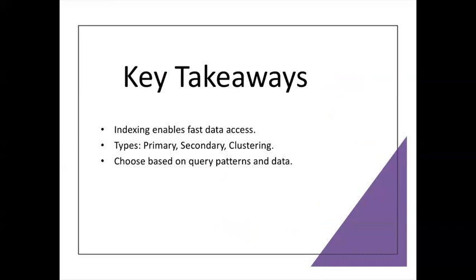There are three types, as we have discussed: primary, secondary, and clustering. What type you should use for your files, you have to choose based on your application, your query patterns, and your data. It has to be customized according to your application and data.